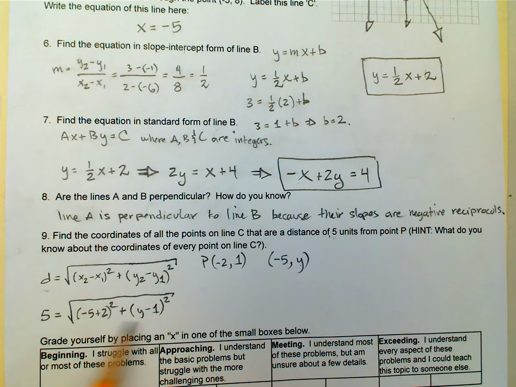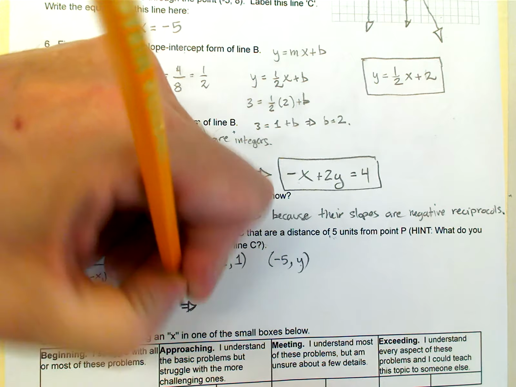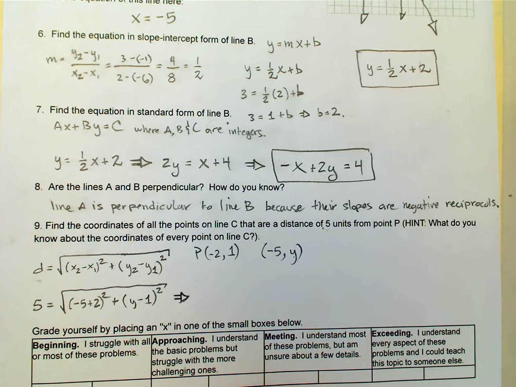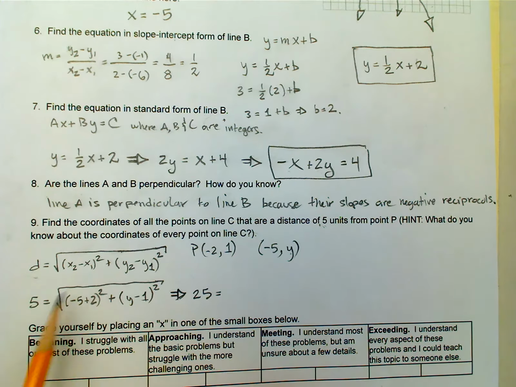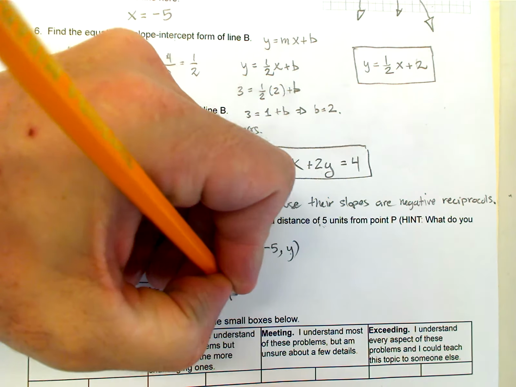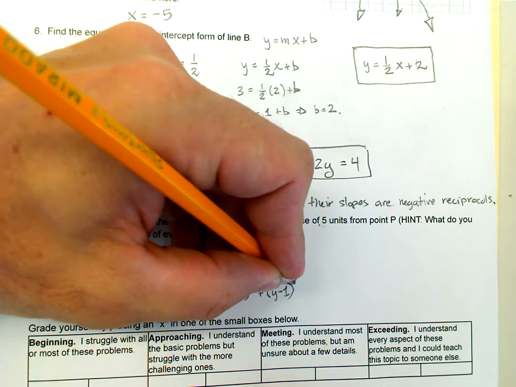I'm going to begin solving this by squaring both sides of the equation. And again, here I am working horizontally because I don't have enough space to work vertically. If I square both sides, I get 25. Squaring the right-hand side just removes the square root, so it's going to be -3 squared plus (y minus 1) squared.